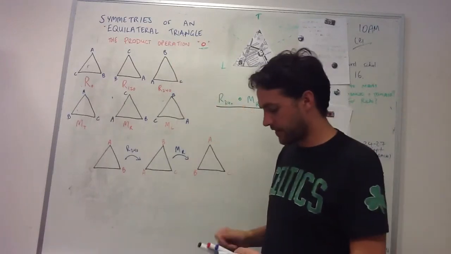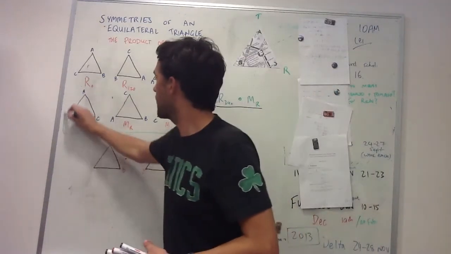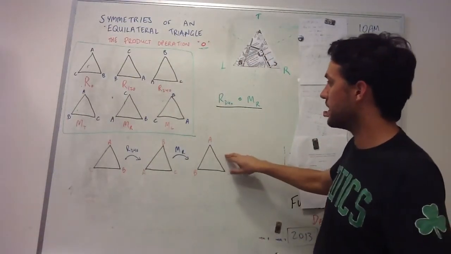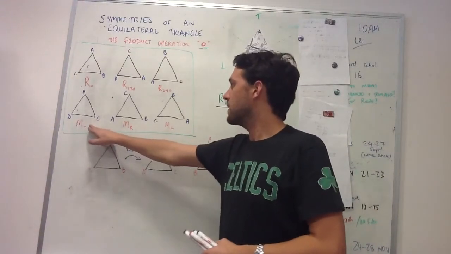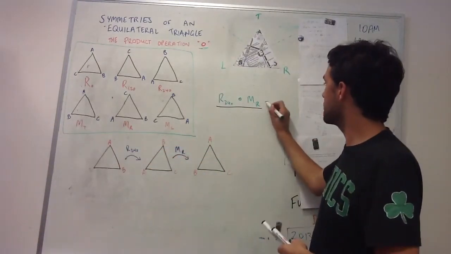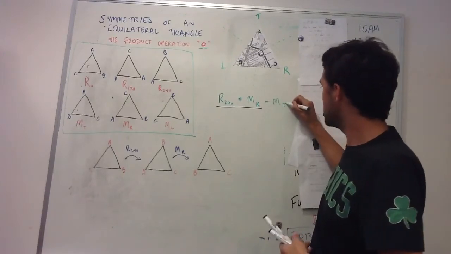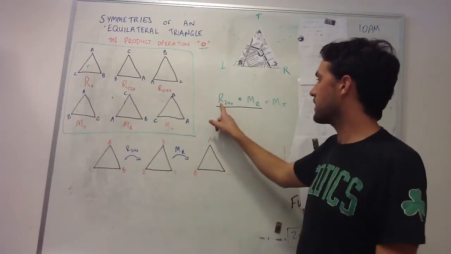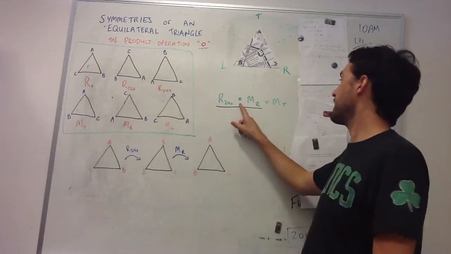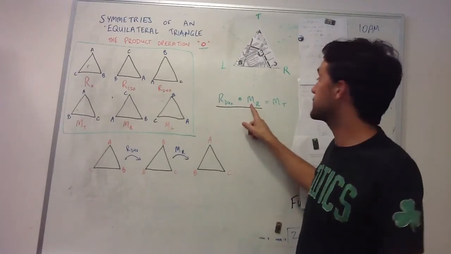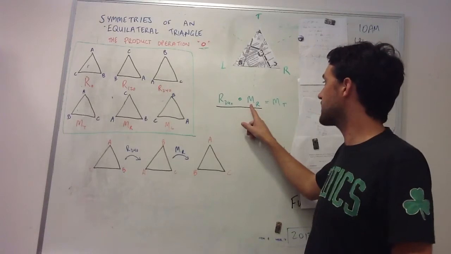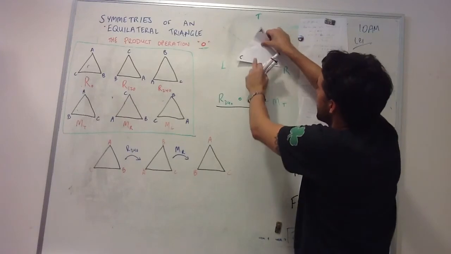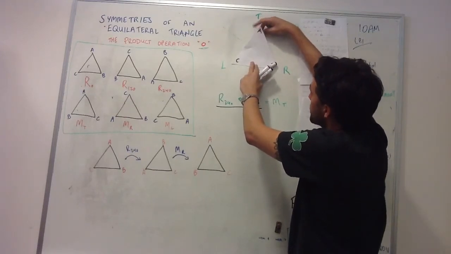And if I look back to my 6 symmetries, I can see that this is MT. So the result of this is MT. So again, with those 2 interpretations, if I rotate the triangle by 240 degrees and then flip it through the mirror that goes through the bottom right-hand vertex, this is the same as just from the beginning flipping through the top vertex.